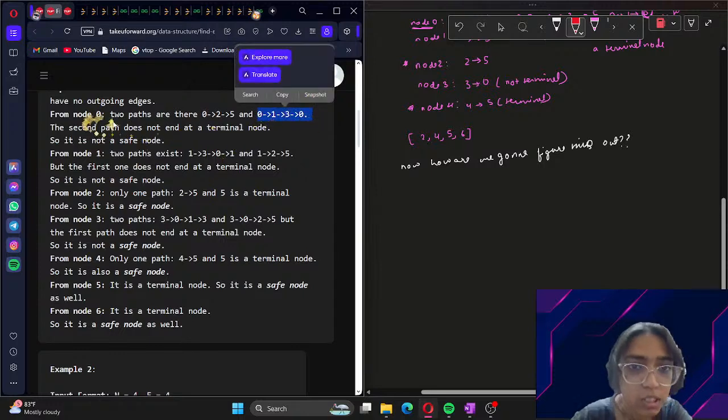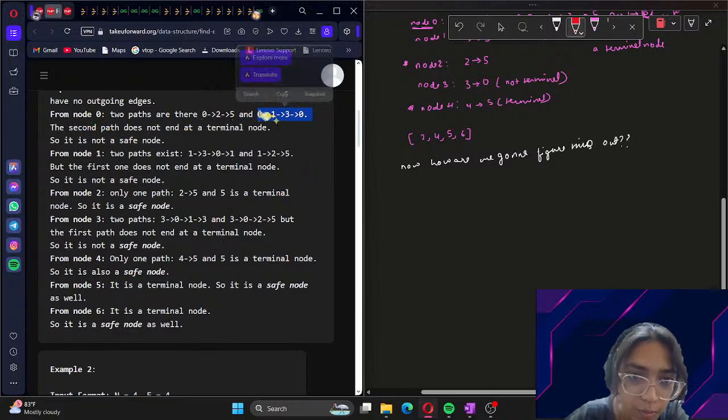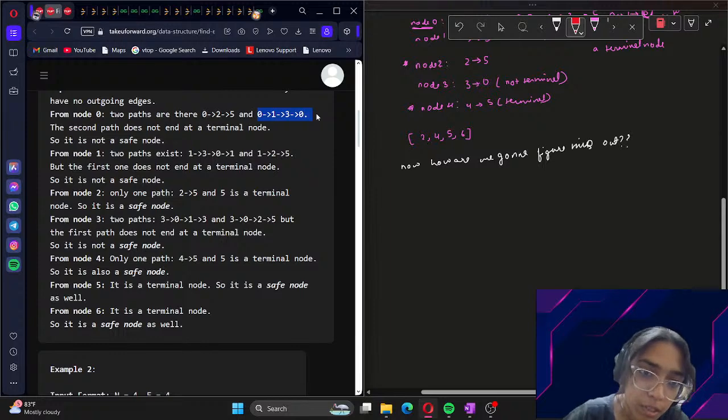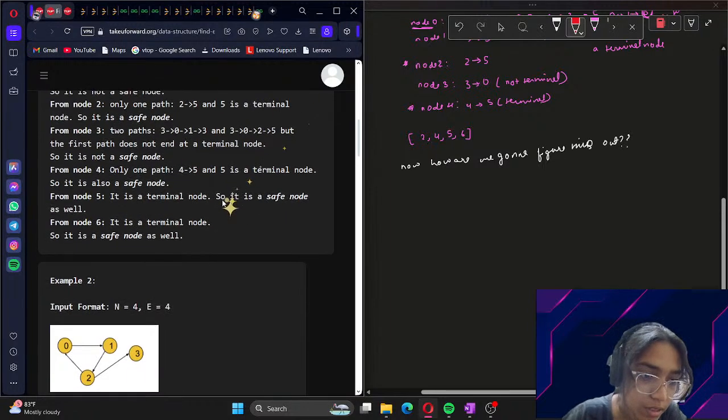That's the reason this path can't lead to a terminal node, so node 0 is not a safe node.